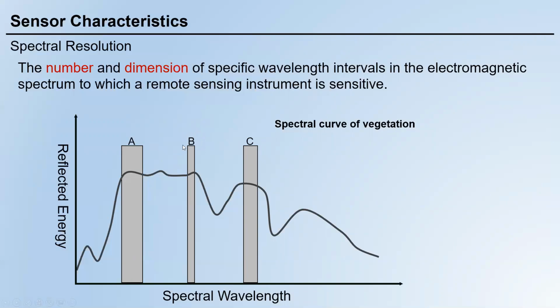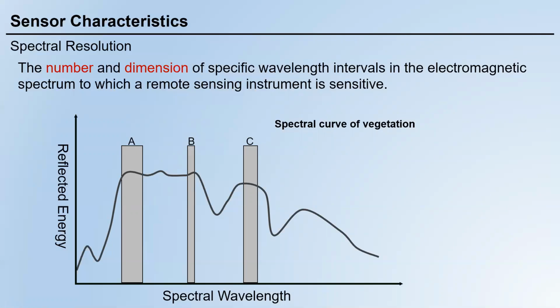If we use the spectral resolution of band B to cover the same area now covered by A, we can have 3 or even 4 readings. So more readings can be used to catch small changes of what? Of the change of reflectance along the curve. Okay, so that's the importance of spectral resolution.